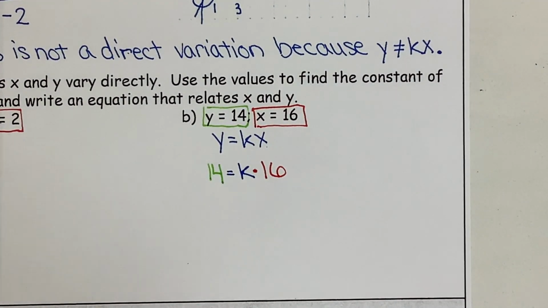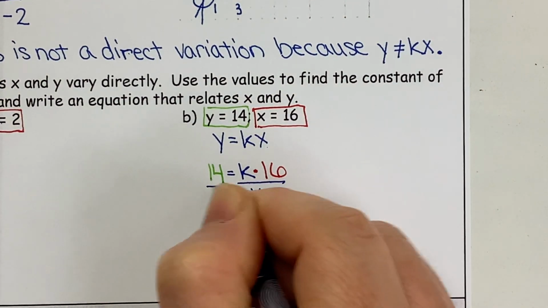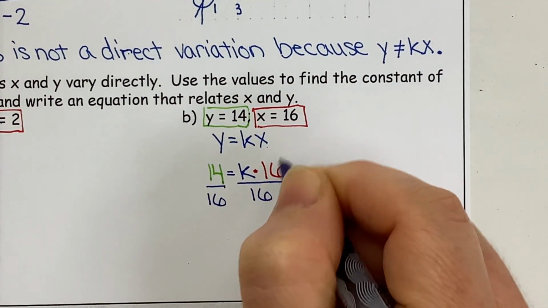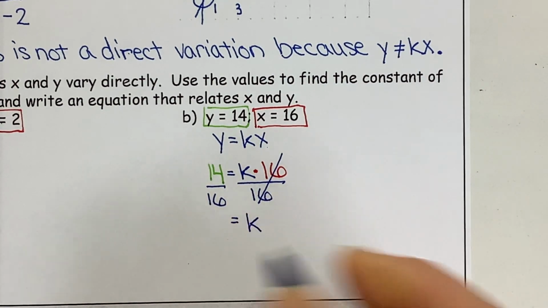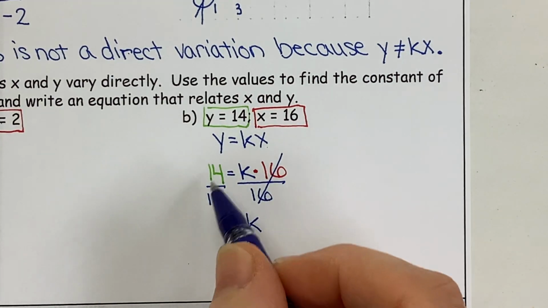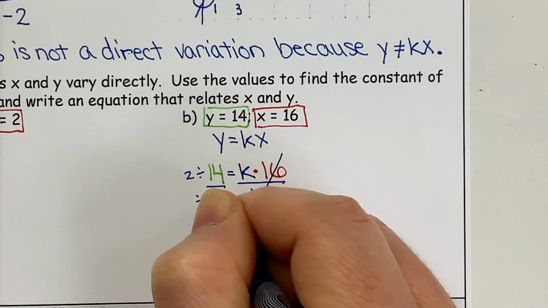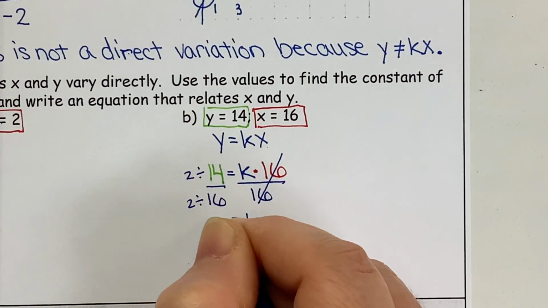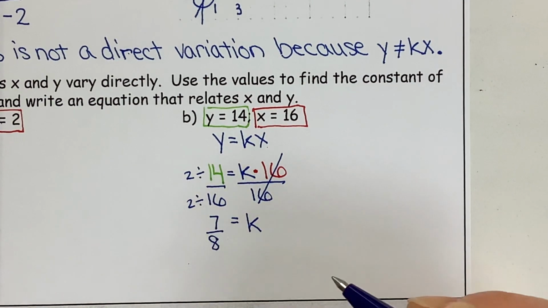Now to solve this, I need to divide both sides by that 16. Those 16s go away. That's our identity. We're left with k equals 14 over 16, but we know we have to reduce. These are both even, so I can divide both of these by 2. 14 divided by 2 is 7, and 16 divided by 2 is 8.